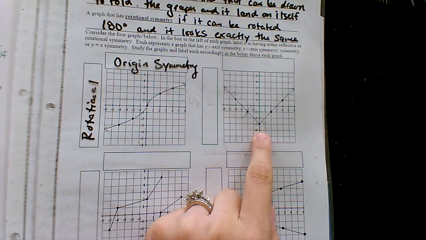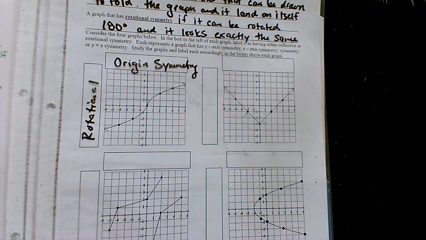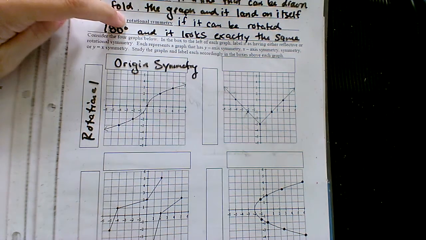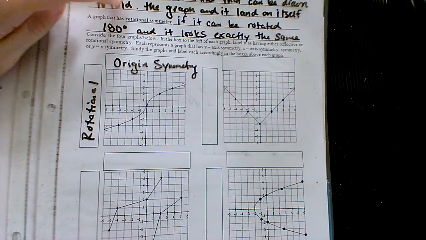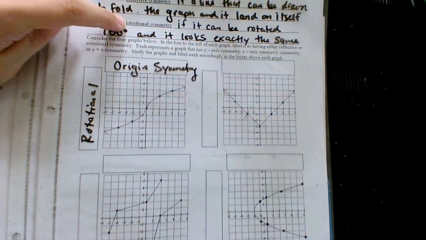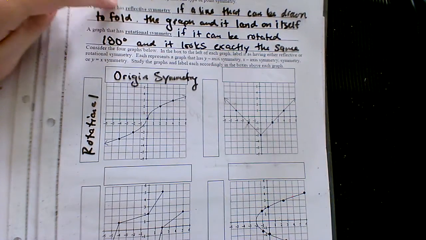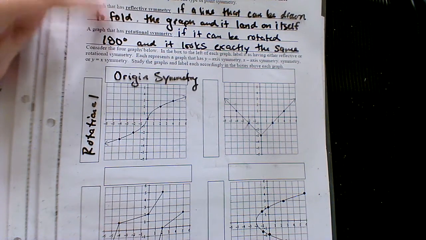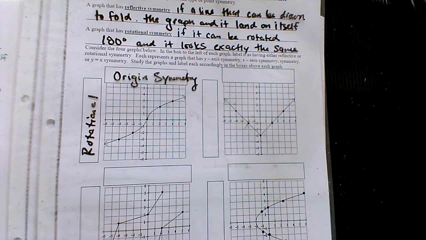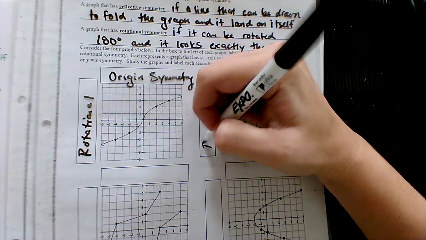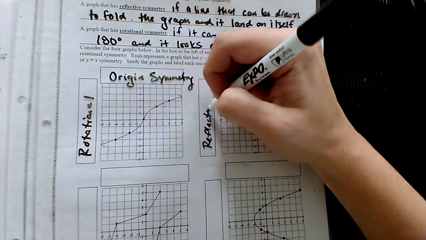What about this example of an absolute value graph that we talked about in the last section? Can we identify a particular type of symmetry? If you were to fold it some way, would it land on itself? Or if you were to flip it upside down, would it be exactly the same? Can we classify it as either reflective or rotational? What do you think, Mike? It'd be reflective. Okay, so if you classify it that way, you have some imaginary line that you can fold it on and it would line up on itself.